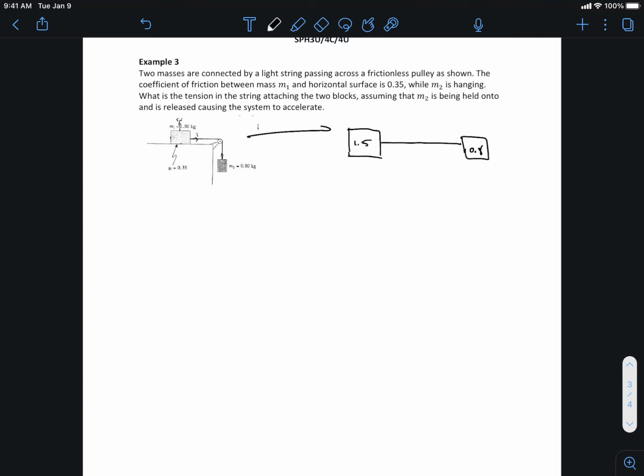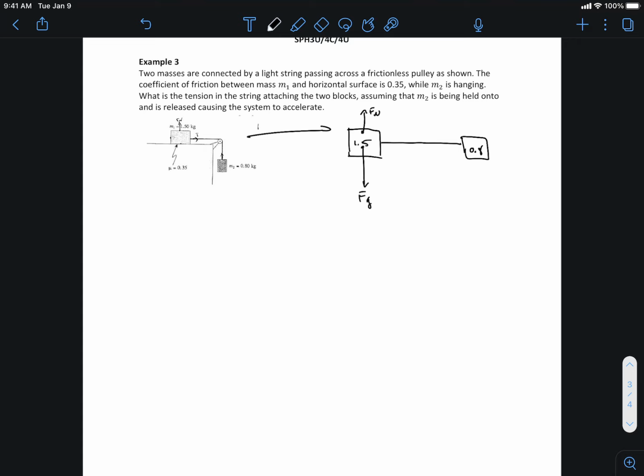Now, I'll label this two different ways so that we make sense of it. This is your free body diagram. You're just going to start drawing forces on here. On this 1.5 kilogram mass, it's in contact with the surface, so there must be a normal force acting up. But then there's also the force of gravity acting on that, from the center.